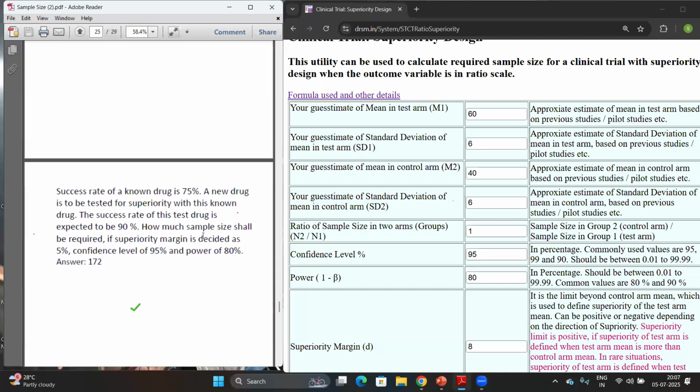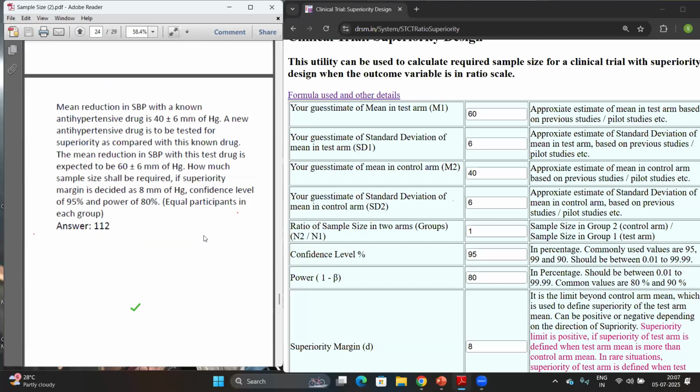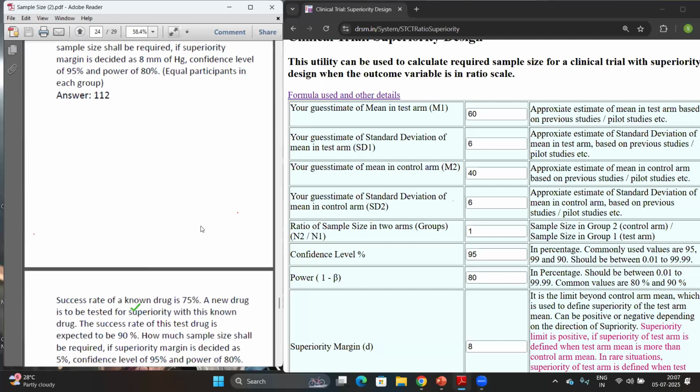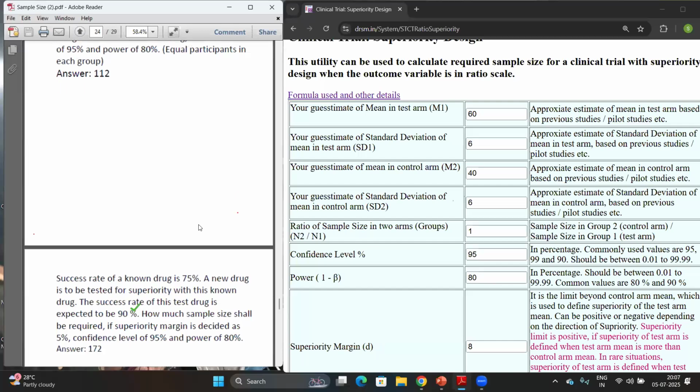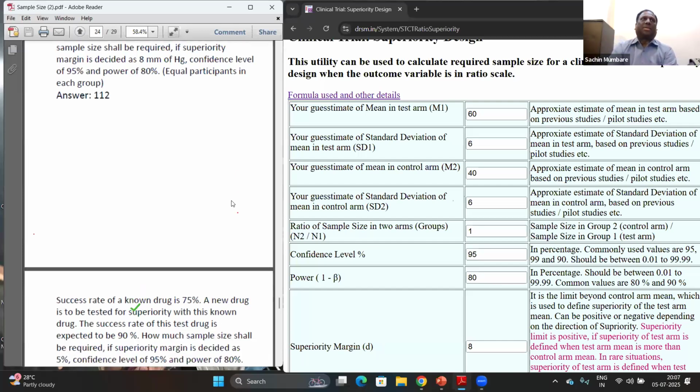One small doubt, sir. This margin value, will we decide it by literature research only? No, sir. There are a few things to take into consideration while deciding the superiority margin. It is usually decided by the clinically relevant margin.